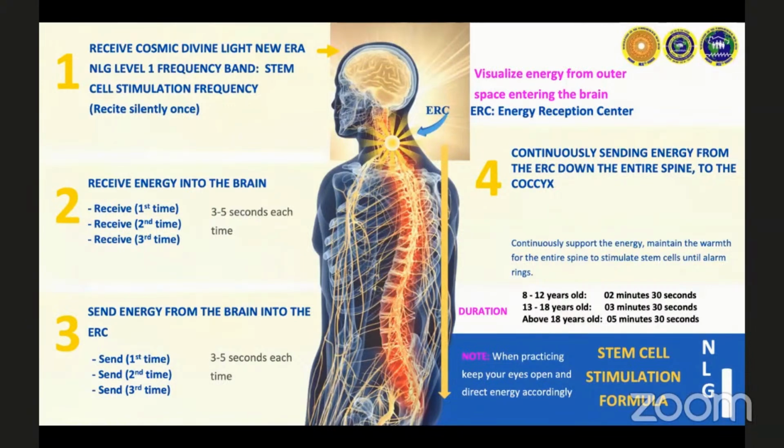This is practice session for stem cell stimulation frequency. Timer 5 minutes and 30 seconds for participant above 18 years old. Step 1. Recite silently once. Receive Cosmic Divine New Era NOG Level 1 frequency band. Stem cell stimulation frequency. Step 2. Receive energy into the brain. Receive first time. Receive second time. Receive third time.